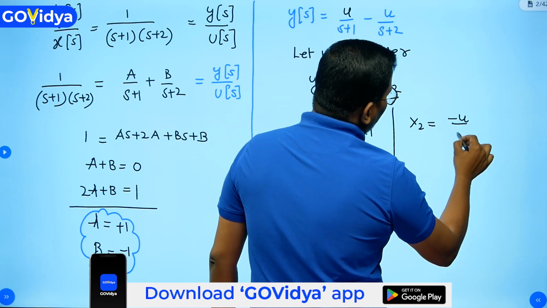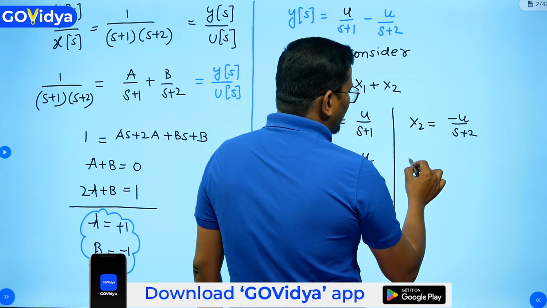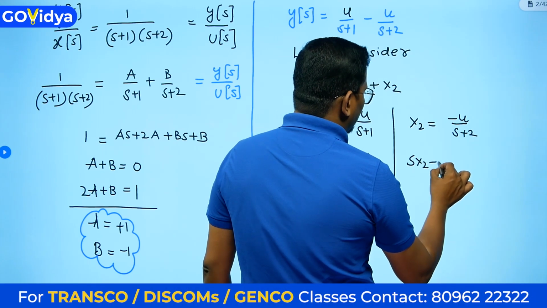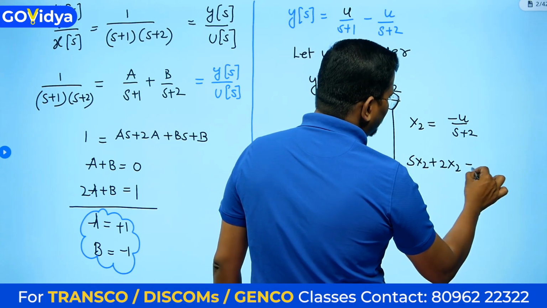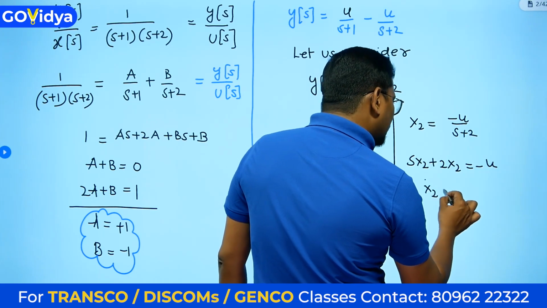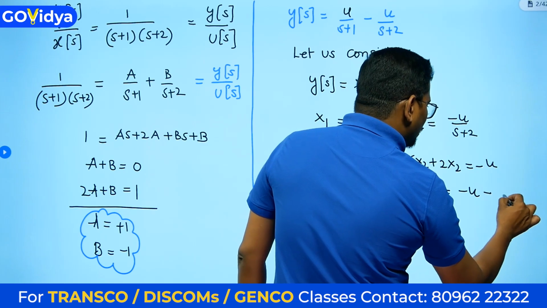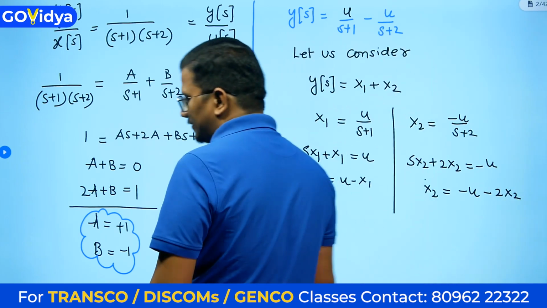Minus u by s plus 2. From this, s x2 plus 2 x2 is equal to minus u. From this, x2 dot is equal to minus u minus 2 x2. Can we write like this?